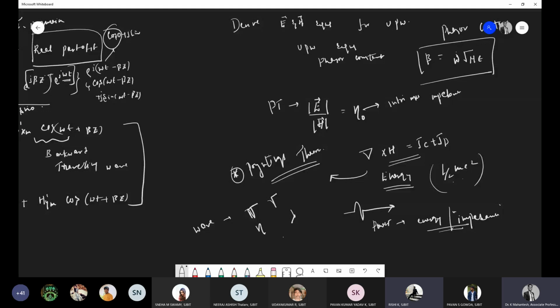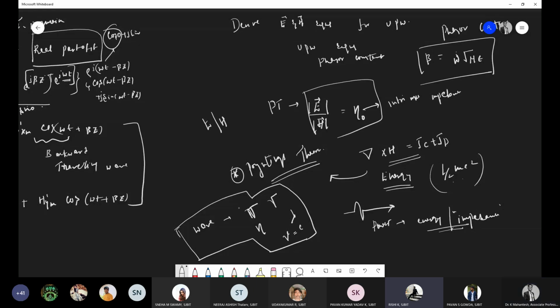Yes, velocity of wave, C. There are some parameters which could be used to define a wave. Here it's an electromagnetic wave, and then we shall try to obtain the impedance equation in terms of E over H, and then we shall obtain Poynting's theorem. So these are the three concepts which have been left in your electromagnetic wave theory.